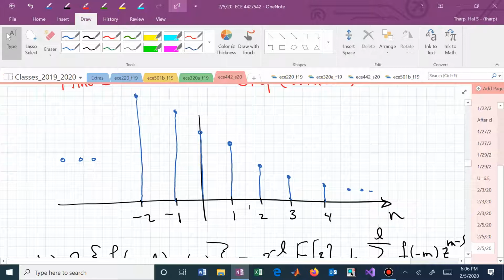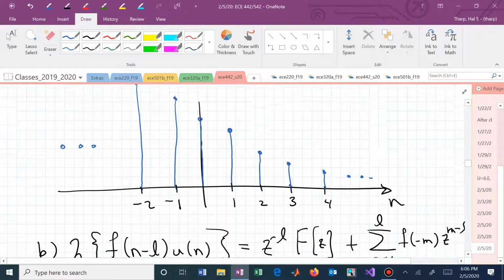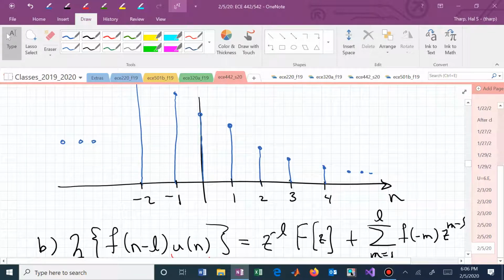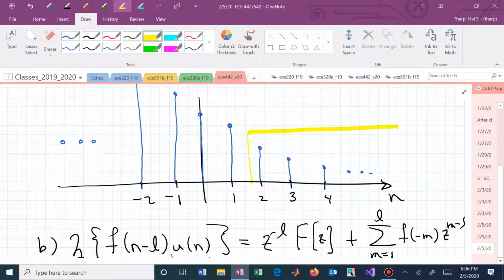Conversely, if I had shifted this by 2 and my switch was on at 2, then those blue lines at n equals 0 and n equals 1 would be underneath that yellow switch, and I would basically just be obtaining a shifted sequence consistent with what I was thinking.